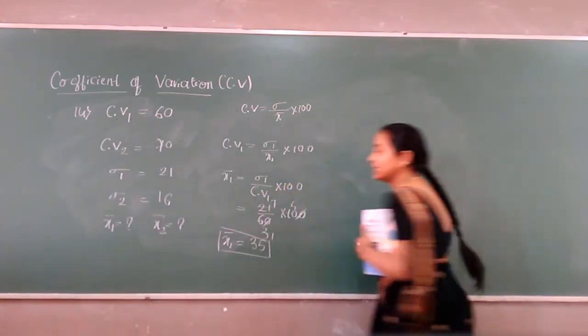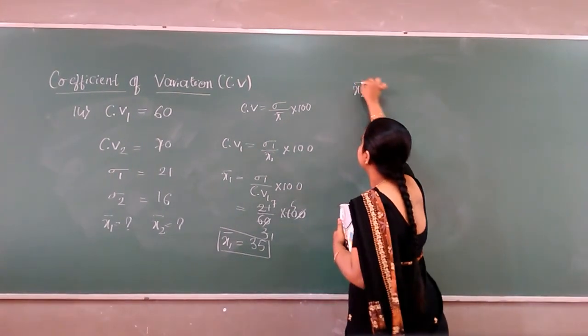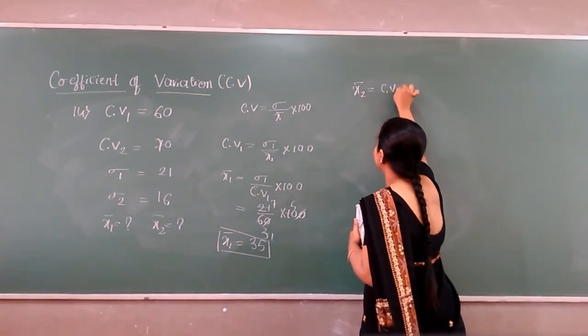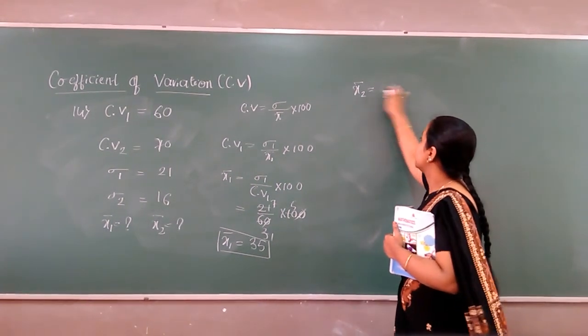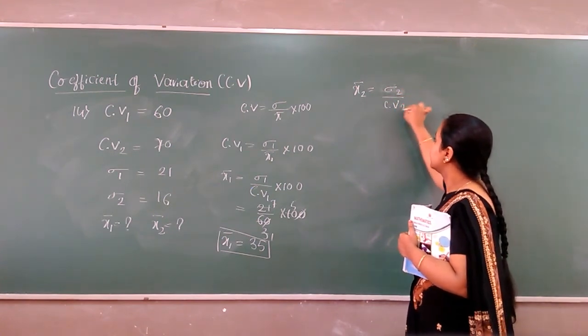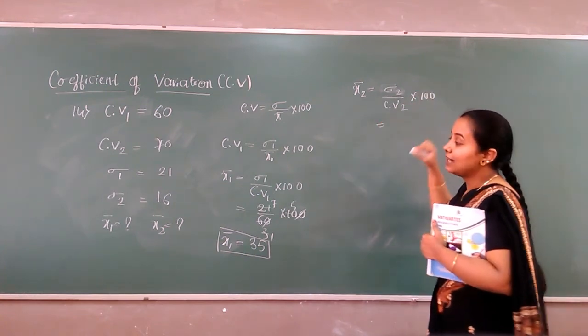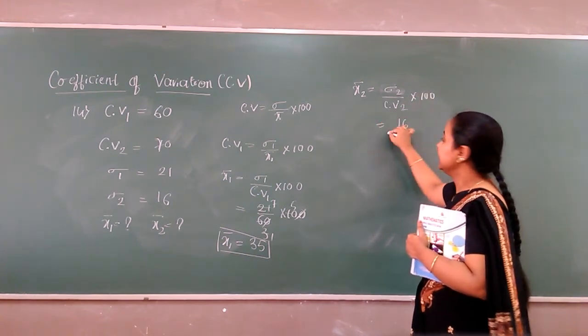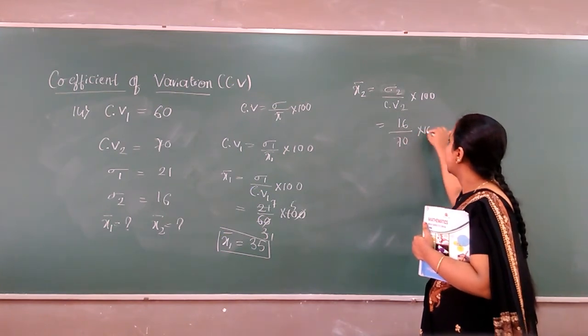In the same way, you need to calculate the mean for the second one. What will be the formula? x2 bar is equal to the standard deviation of the second one divided by the coefficient of variation of the second distribution, into 100. That is 16 divided by 70, into 100.